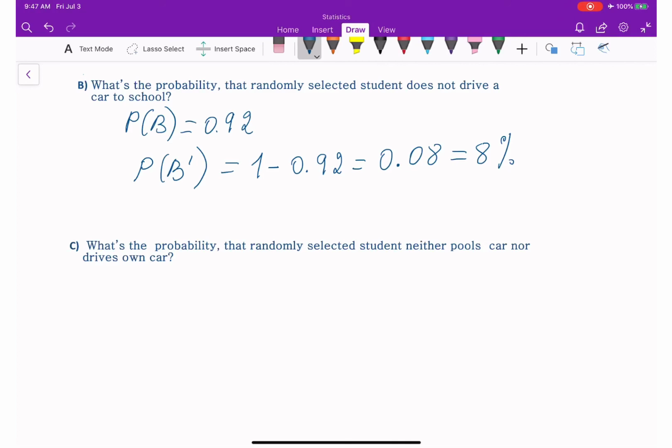What's the probability that randomly selected student neither pulls car nor drives own car? So the keyword here, neither, nor.